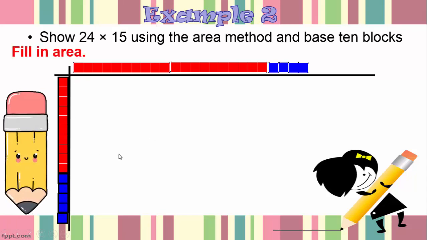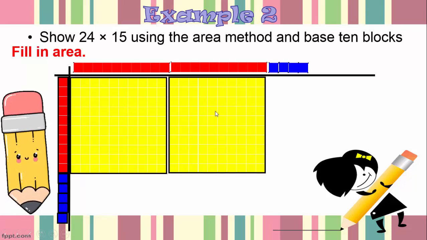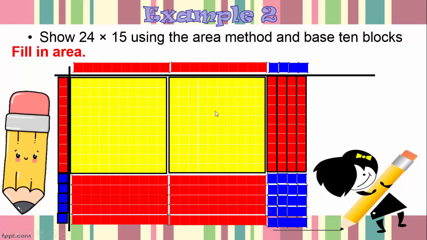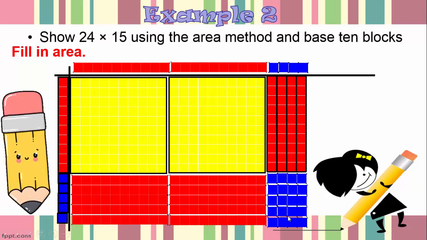So I'll fill in the area with 2 flats. And then I will fill in the rods here, and rods here, and then everything left over I fill in with units until I have a perfectly filled rectangle.